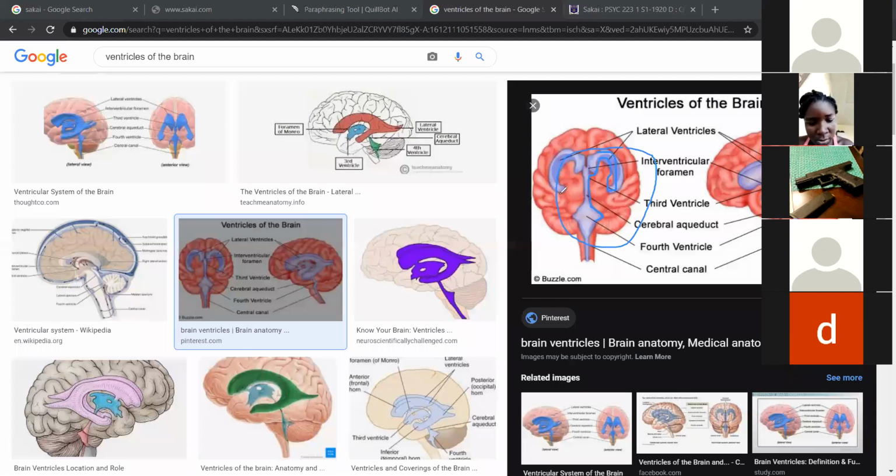These blue things here are holes or cavities that are found within the brain. But when you open the brain, there are holes or canals found within the brain.